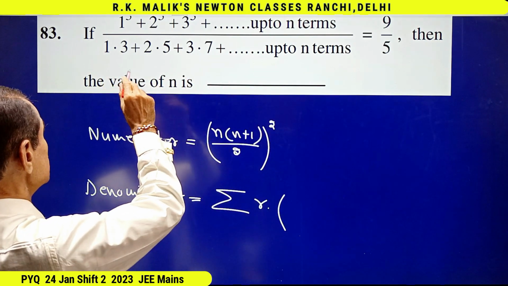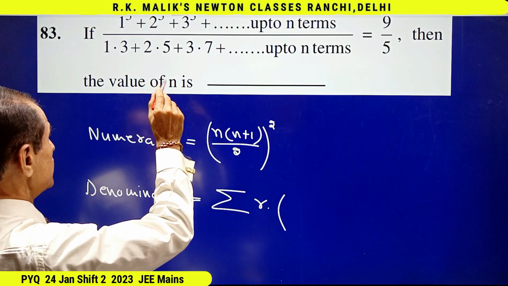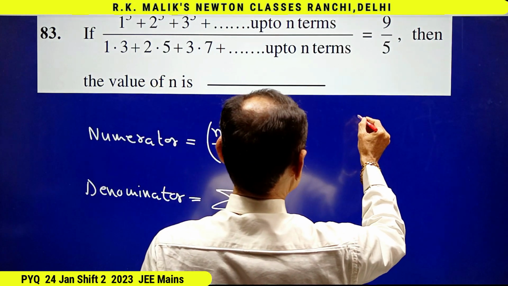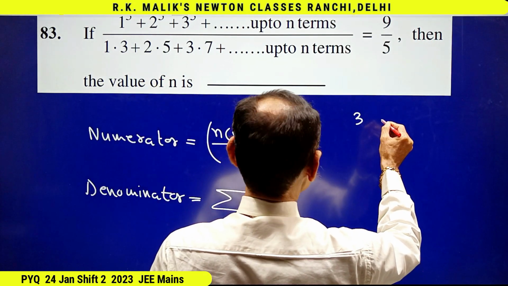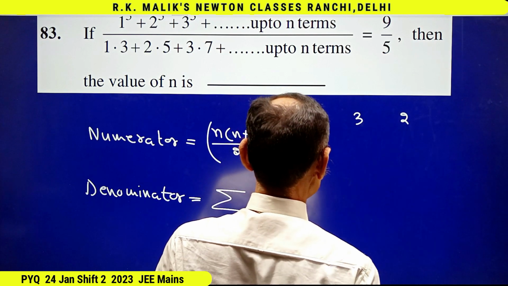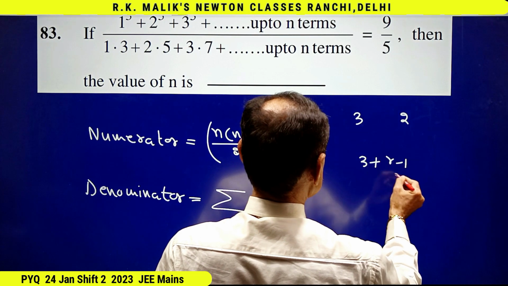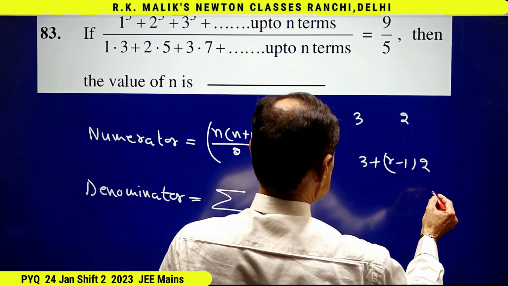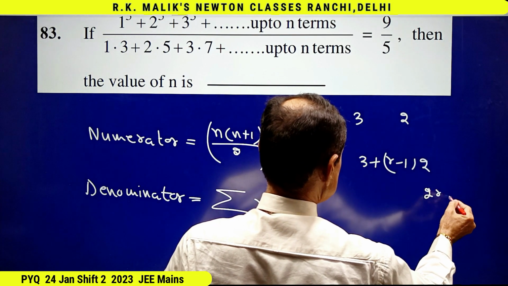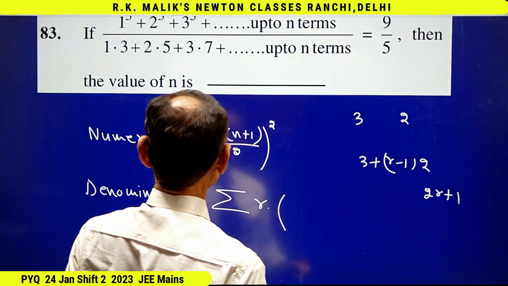If we look at the second part, it is 3, 5, 7 and so on. That is, the numbers in the second part are forming an AP with first term 3 and common difference 2. Therefore, the R-th term will be 3 plus (R minus 1) into 2, that is 2R plus 1.